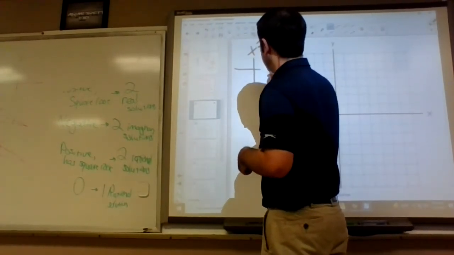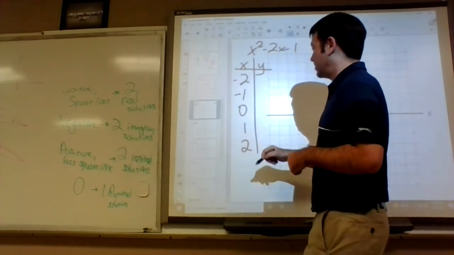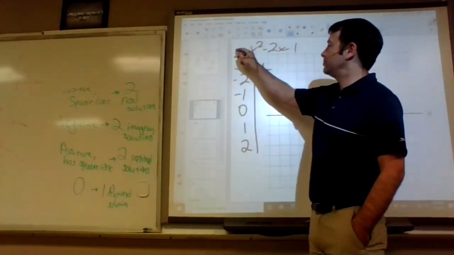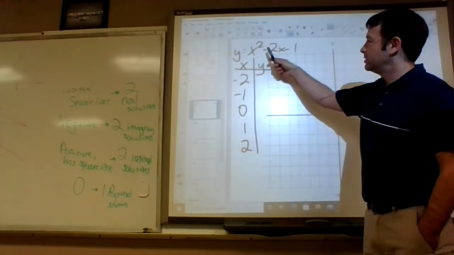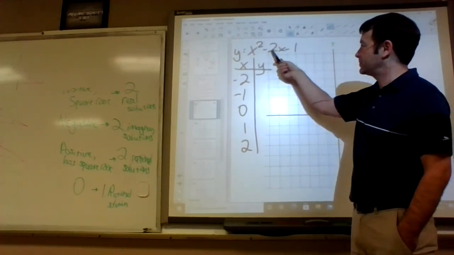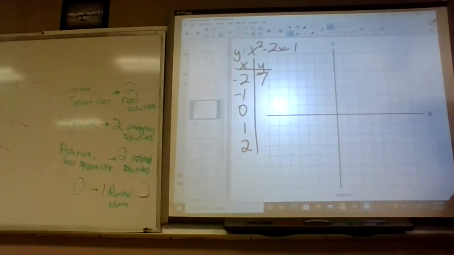You want to use x values that'll fit on your graph, so let's use the ones in the middle. If I plug in -2, squared is 4, -2 times -2 is positive 4, 4 plus 4 minus 1 is 7. So our graph is gonna need to go up to at least 7.